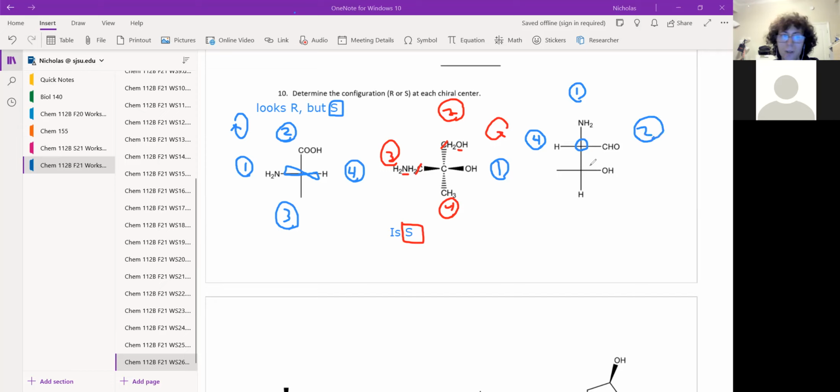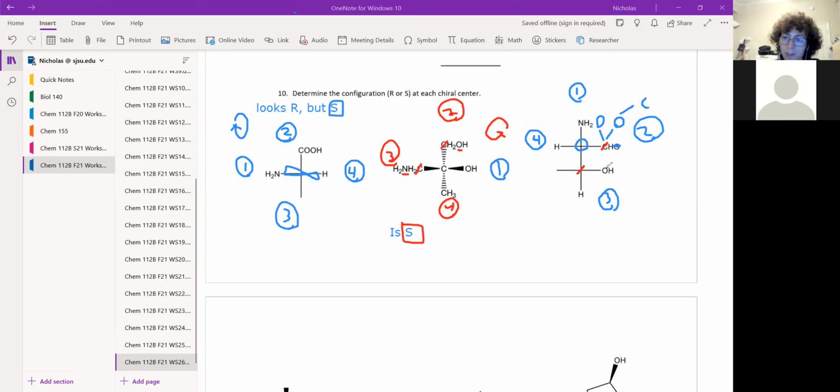I'll go over this just to make sure everybody gets it. It's similar to the sugar example I had earlier. We can redraw this, since it's an aldehyde, as the carbon bonded to 2 oxygens, and then one of the oxygens is bonded to another carbon. To figure out which one has the higher number, you look at the carbon that's in common and cross that out.